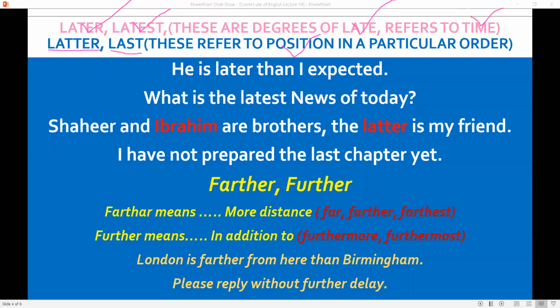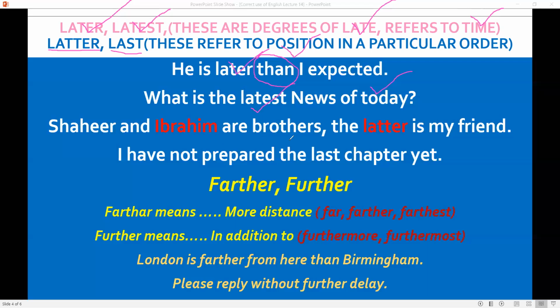He is later in time than I expected. Again, use of than in comparative degree. What is the latest news of today? See, time. Both these sentences are in relation to time. He is later in relation to the time, latest in relation to the time.